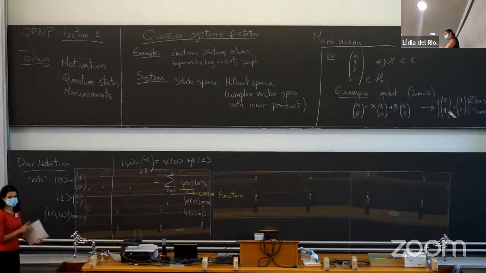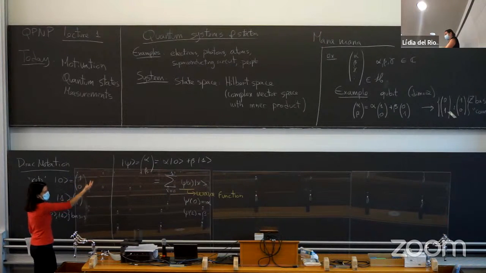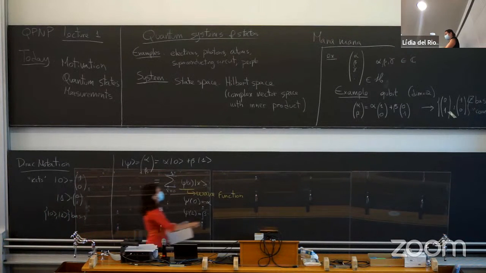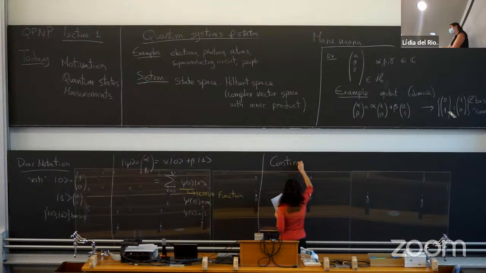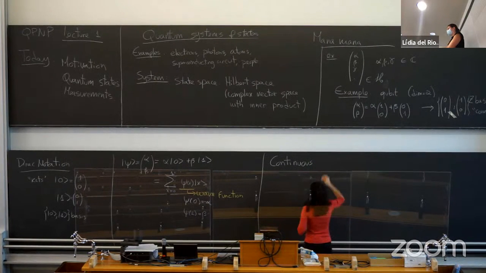So far, so good. I've not told you yet what these coefficients mean, like, okay, now how does the system behave depending on these coefficients, or what happens when I make a measurement? We'll get to this later. But first we want to see the continuous case. So continuous, let's say, for example, a 1D system.